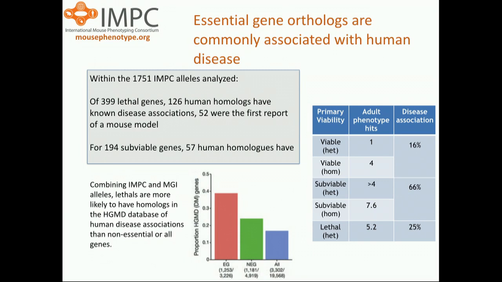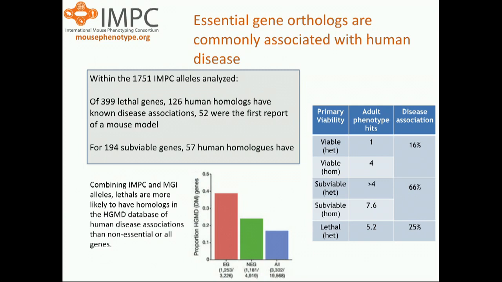If you look statistically at our essential gene group and compare them to non-essential genes or all genes, there's a greater probability that you will find disease relationships within the essential group. So these are really important genes that play significant roles in development, but are also highly integrated into the disease landscape.